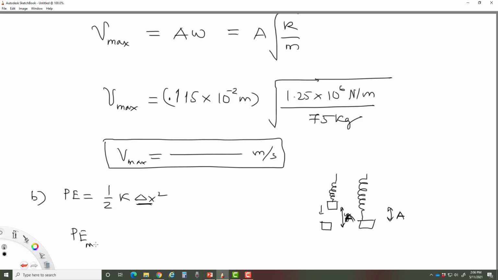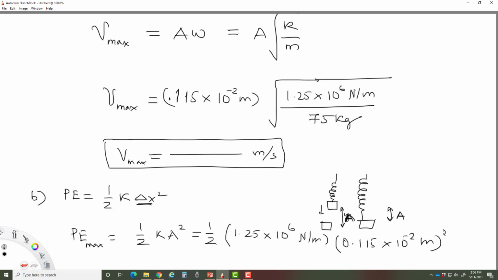So potential energy max is 1/2 k A squared. So 1/2 times k, 1.25 times 10 to the 6 Newton per meter, and then A is the amplitude, 1.115 times 10 to the -2 meters, squared. That will give you potential energy in joules.